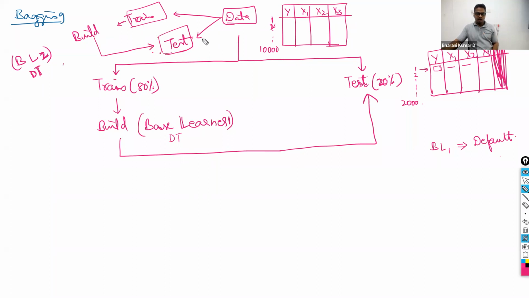When you test it, for this observation number one, maybe you get a different result altogether. Maybe base learner 2 might say that the result is not default. Again, in that way, again split the data, and then you get base learner 3. Again, you test the data, you get base learner 4.